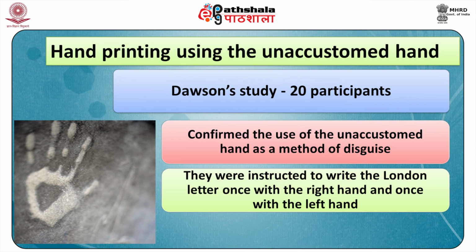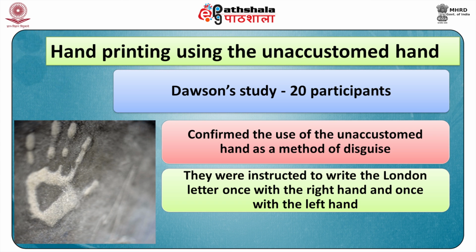Hand printing using the unaccustomed hand is another method of disguise. This method usually affects the skill level of the writing, thereby creating a drastic difference in pictorial appearance of the letters.